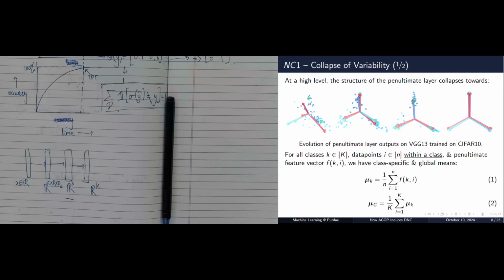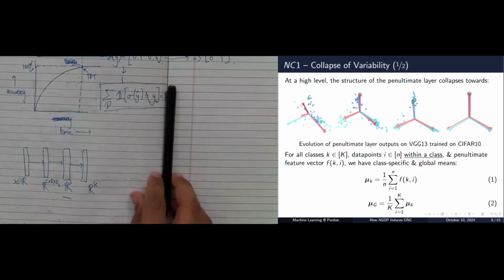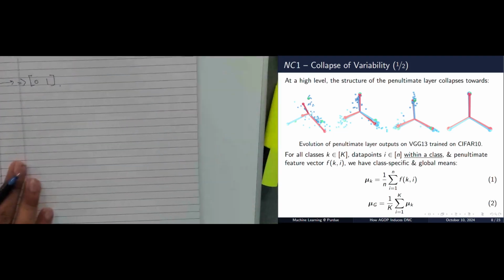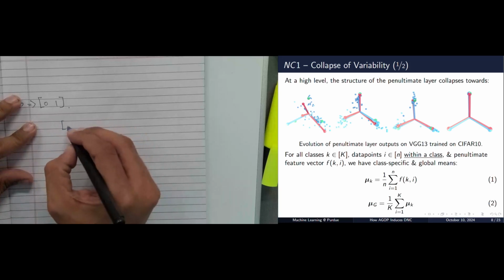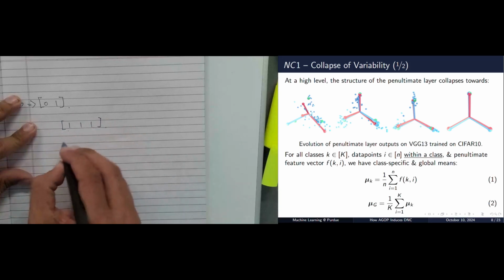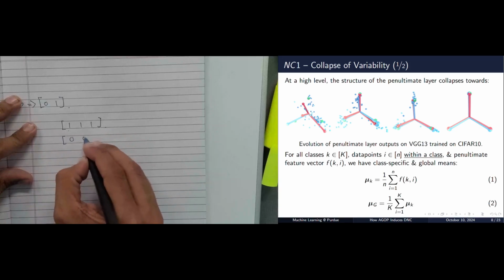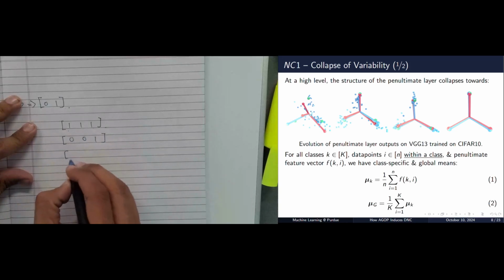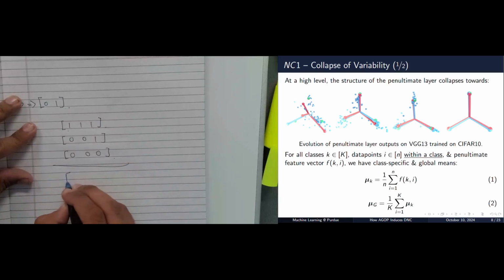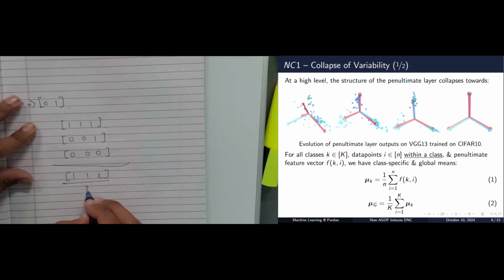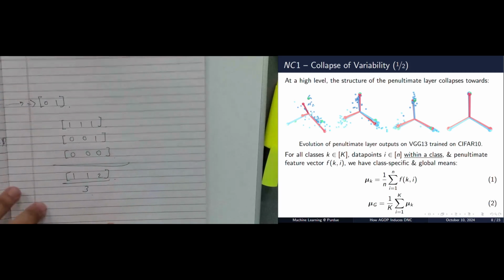So you sum up all of the feature vectors. As an example, if I have 1, 1 and 1, then 0, 0, 1, and then 0, 0, 0, then I am just going to add them up to get 1, 1 and 2, and divide all of this by 3. That is the final computation.